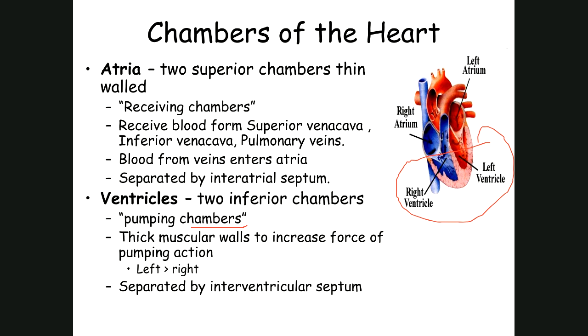Once they pump, the blood goes above and supplies the other parts of the body. The muscle wall increases the force of pumping action, so that's why the lower part is made up of muscle.